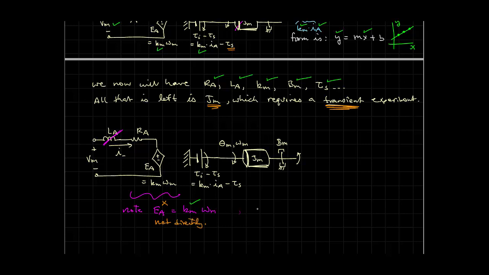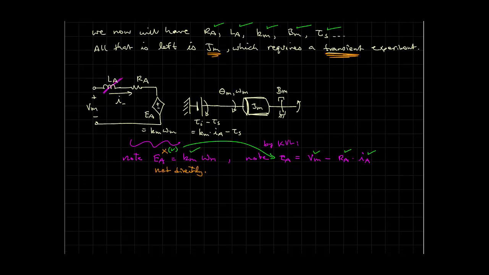Well, we note that EA is equal to, again by KVL, Vm minus Ra times Ia. Do we know Vm? We do. Do we know Ra? We do. And can we measure Ia? Yes, we can. So we can ultimately measure EA indirectly by knowing Vm, Ra, and Ia.